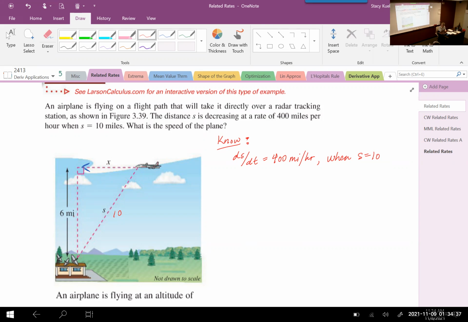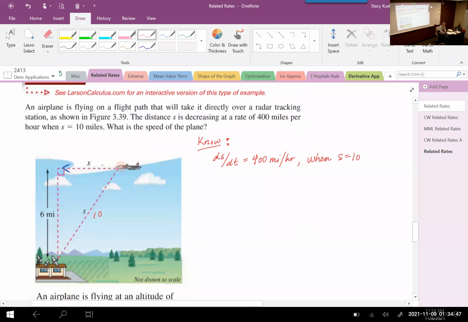I'm wanting to end up knowing how fast it is, in other words, how fast x is changing here, all right? As the plane is moving in this direction here, this length has to be decreasing, the hypotenuse has to be decreasing, right? As the plane is getting closer and closer to this point right above the radar, the hypotenuse has to be getting shorter and shorter, doesn't it?